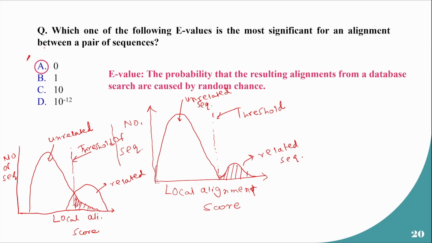Okay, so this will be the number of, let's say, false positive hits, and then the e-value will give an estimate of that. And the lower the e-value, that will basically mean that the related sequences and the unrelated sequences are clearly distinguished, right? So that will give a better statistical significance essentially.